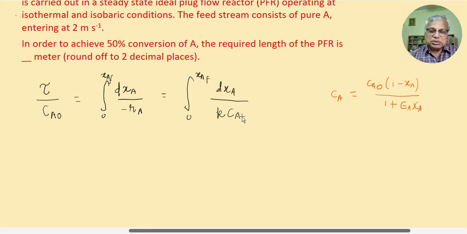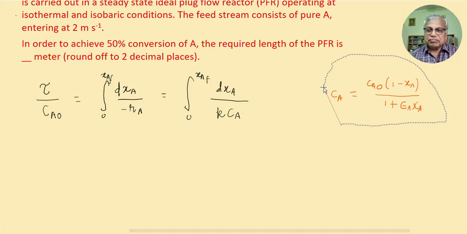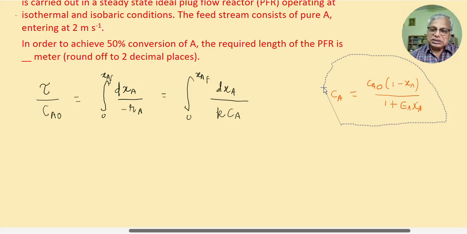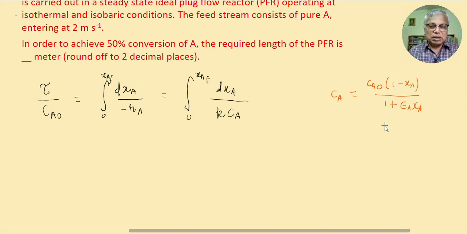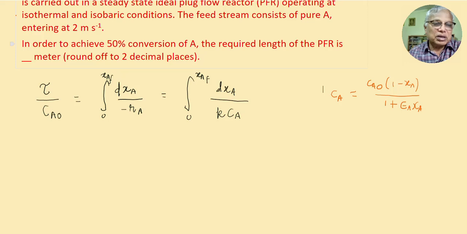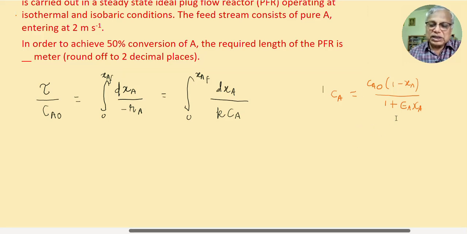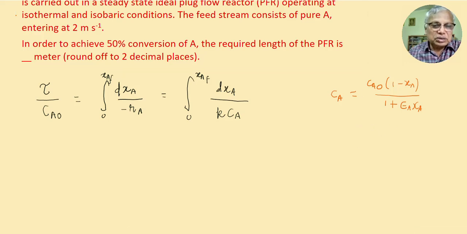Now for CA, you have to substitute in terms of XA. For a variable volume reaction, CA is CA naught into 1 minus XA divided by 1 plus epsilon A XA. That is important. You have to substitute CA as CA naught into 1 minus XA by 1 plus epsilon A XA for a variable volume reaction. If you substitute only CA equal to CA naught 1 minus XA, it will be wrong. For a variable volume reaction, CA is this. So let me substitute.